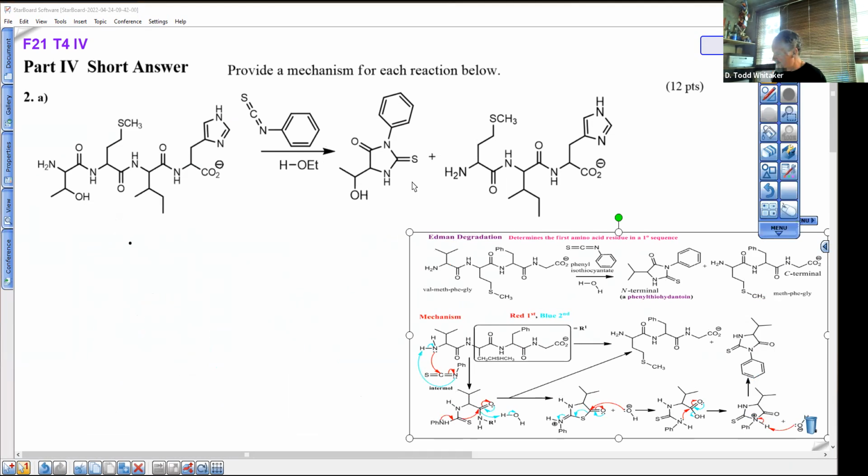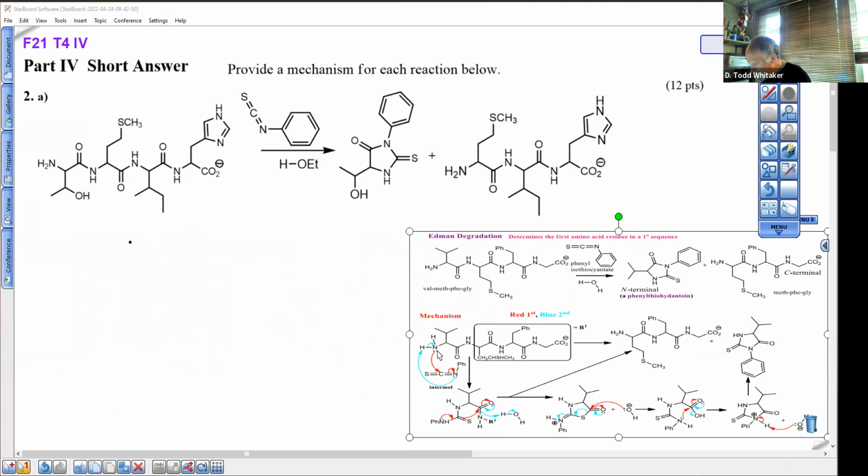So what's my first step in the Edman mechanism? It looks like red first, blue second. We're gonna attack using the nitrogen on the amine. We're going to attack the carbon and put a lone pair on the nitrogen. Looks like this NH2 here is this NH here.